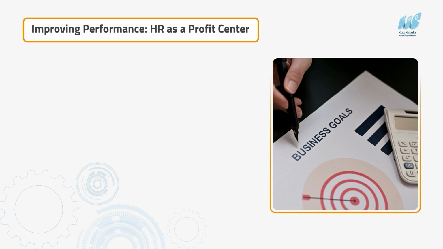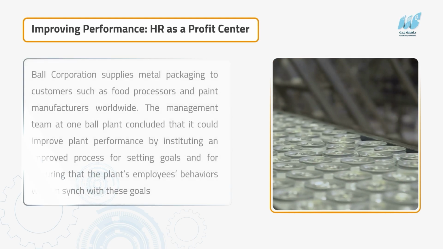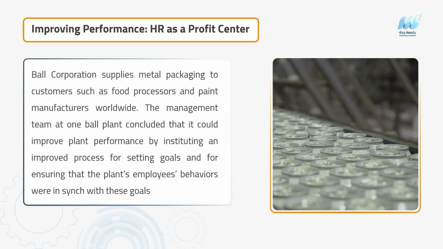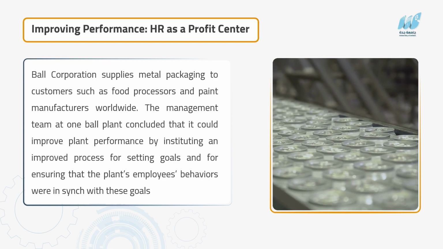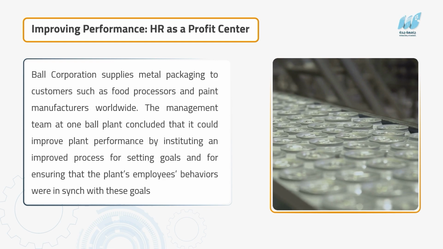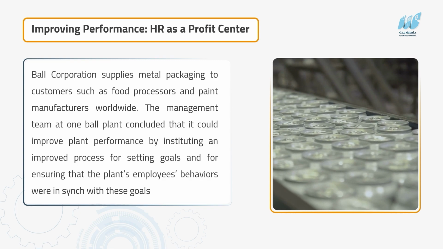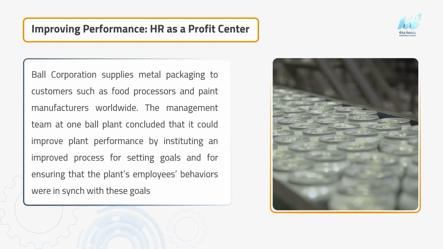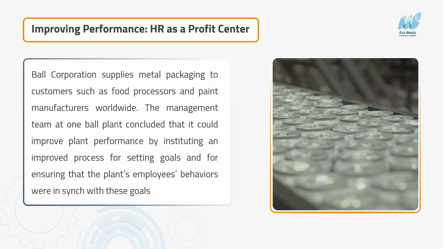Improving performance, HR as a profit center. Setting performance goals at Ball Corporation. Let's talk about it. Ball Corporation supplies metal packaging to customers such as food processors and paint manufacturers worldwide. The management team at one Ball plant concluded that it could improve plant performance by instituting an improved process for setting goals and for ensuring that the plant's employees' behaviors were in sync with these goals.